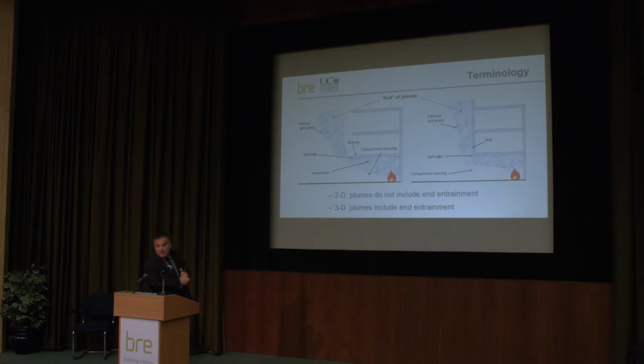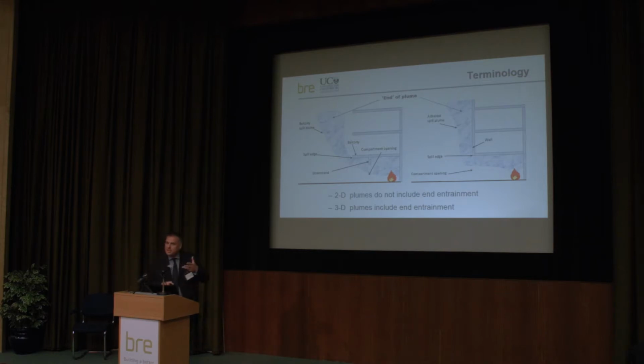In this case, we might have a balcony projecting beyond the unit itself, with flow beneath it, and then rising as a plume. In a typical balcony spill plume, the plume projects beyond that opening and rises, and you'll get entrainment into the sides here and into here as it rises, and that's really key to this. Some people may call this a double-sided plume, but today I'll be referring to it as a balcony spill plume.